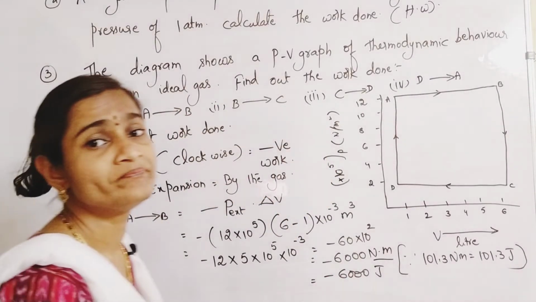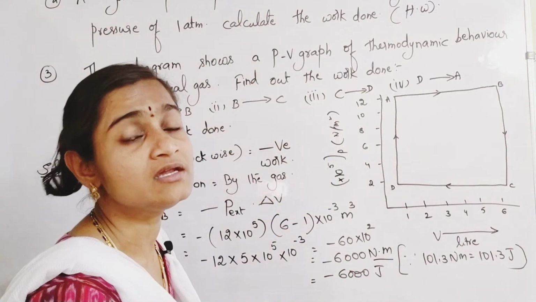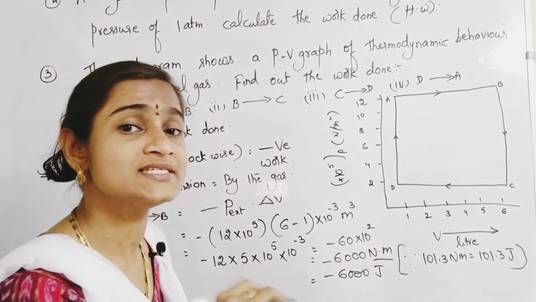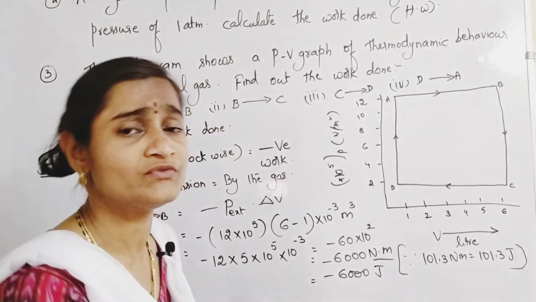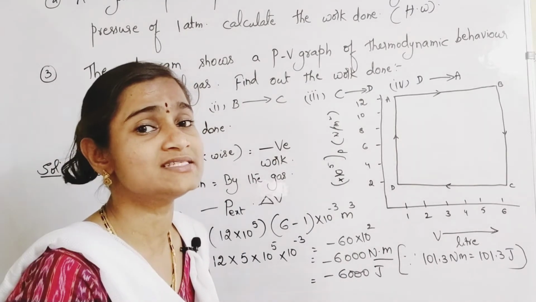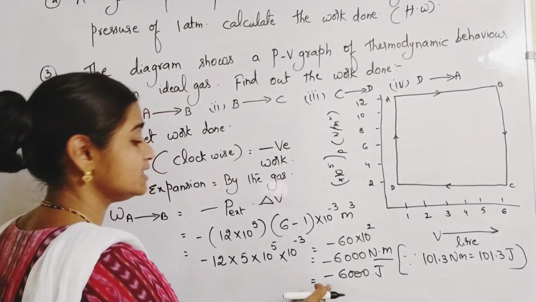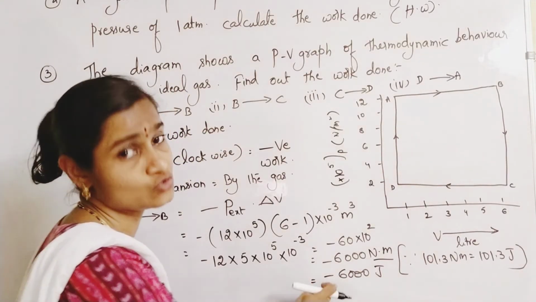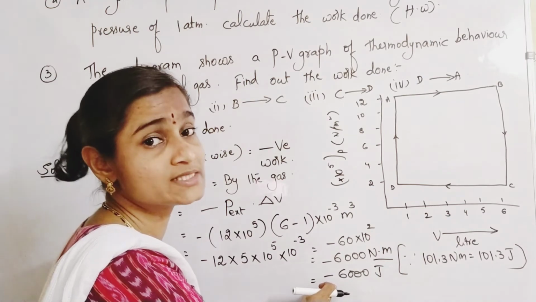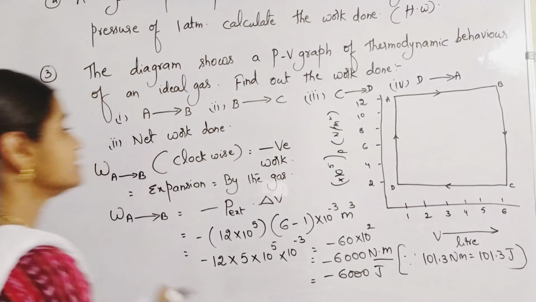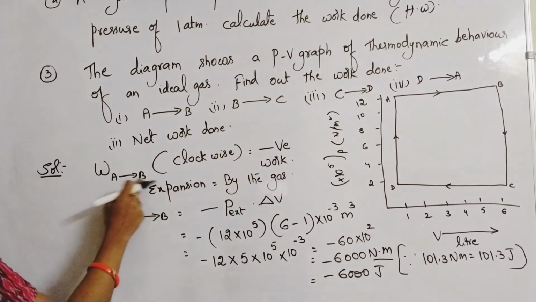Okay, same value. In joules as well as in Newton meters, the values are same. So here the answer is how much? Minus 6000 joules is the work done. Right? So this is in case of A to B.